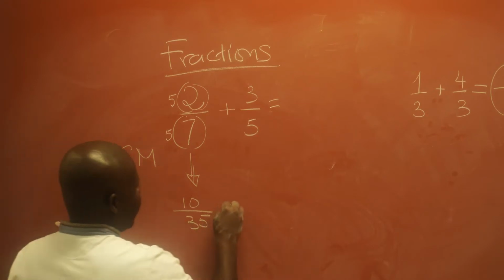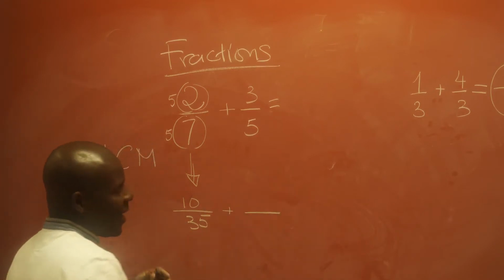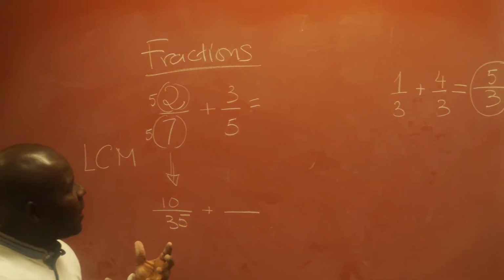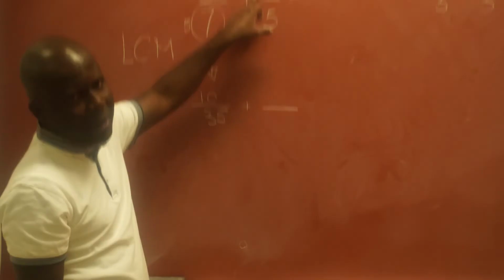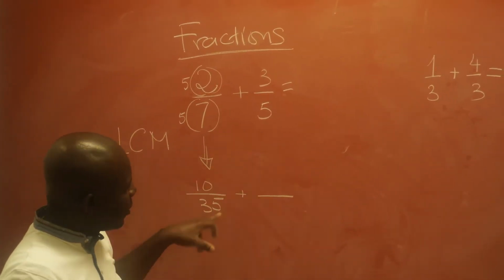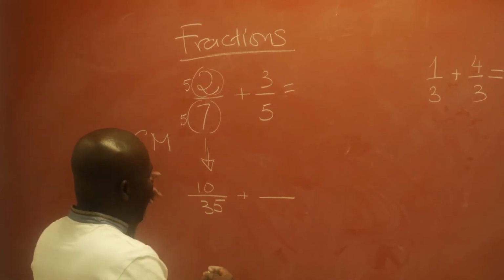On the other side, because I'm looking for that same denominator, I will not multiply the second fraction by 5. If I do that, I'm going to have 25, which is not helpful. So I will switch.